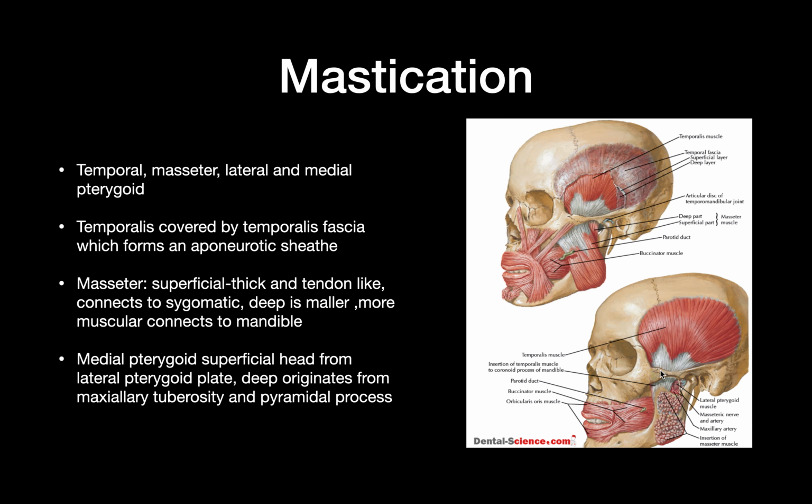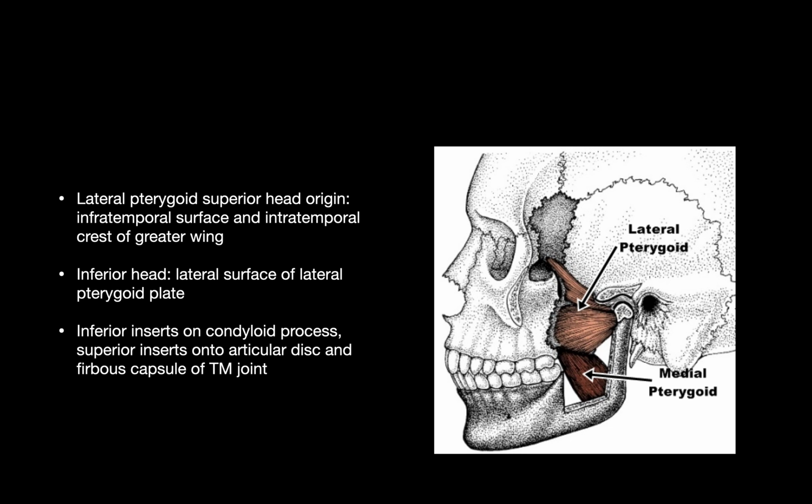The medial pterygoid, superficial head, is from the lateral pterygoid plate, like on the skull, and the deep portion originates from the maxillary tuberosity and the pyramidal process. So here we go. The lateral pterygoid, that's right here.